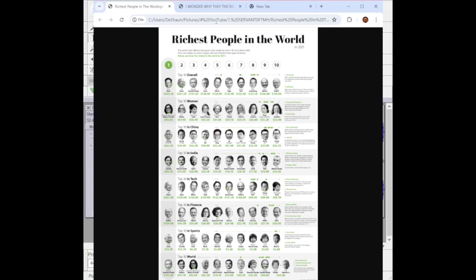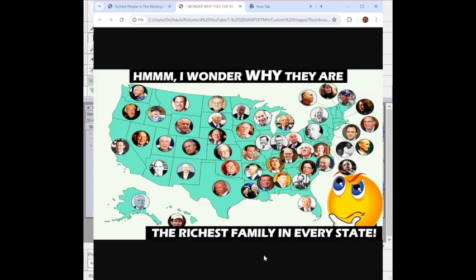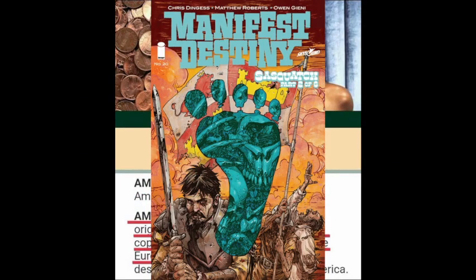Who is the richest family in all the states right here in the United States? It is all Europeans. It is all Caucasians. And ain't none of them the indigenous seed of this land. But the real indigenous seed of this land are impoverished with absolutely nothing physically.